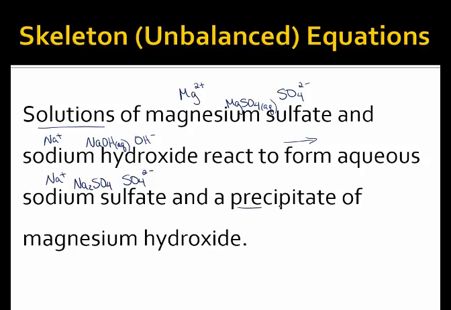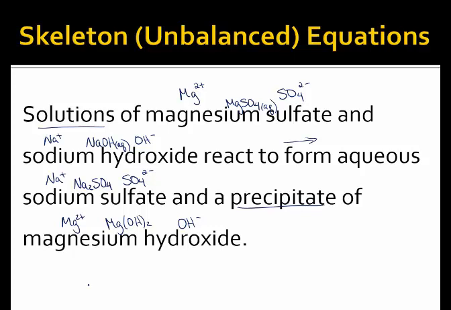And it's going to form a precipitate. We learned about precipitates in the last video, of magnesium hydroxide. So again, Mg is a 2+, hydroxide I know is a 1-. So when I put these together, I'm going to need two hydroxides to balance out the 2+ of magnesium. So I'm going to have Mg(OH)2. Remember those parentheses whenever you have a polyatomic ion.